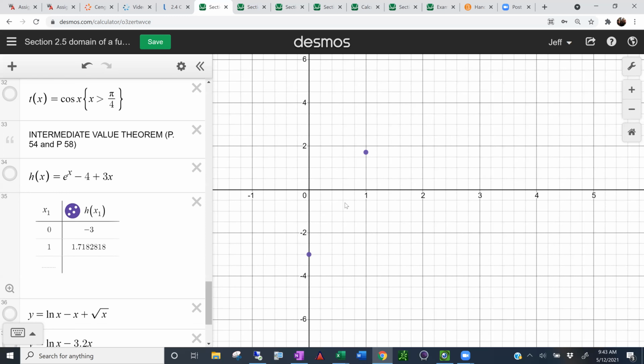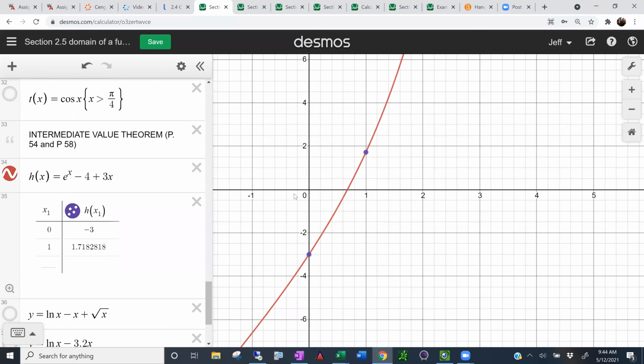You have to cross the x-axis someplace. Where it happens doesn't matter. What you're seeing here is that the function does cross the x-axis someplace. And that's what the intermediate value theorem guarantees: there's a place where this graph will touch the line y equals 0.